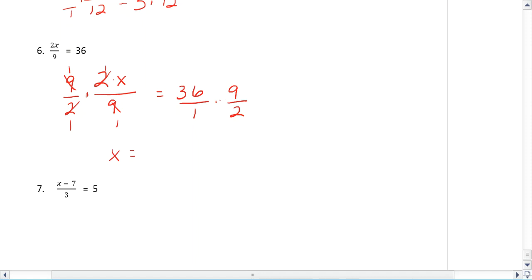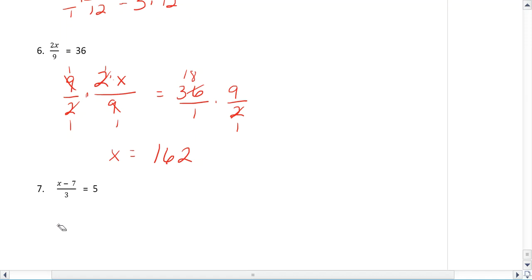Then if we come over here, I can divide the 2 out. 2 goes into itself once. 2 goes into 36 18 times. And then if I multiplied correctly, I ended up with 18 times 9 is 162. So make sure you check my math, but I think that's right.